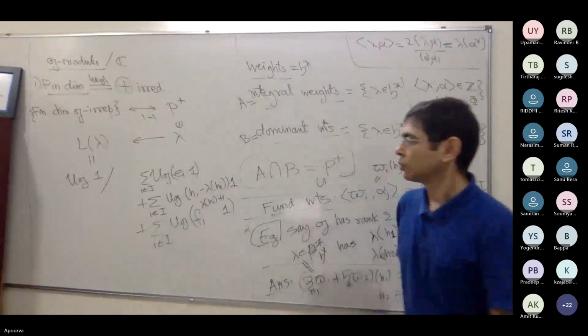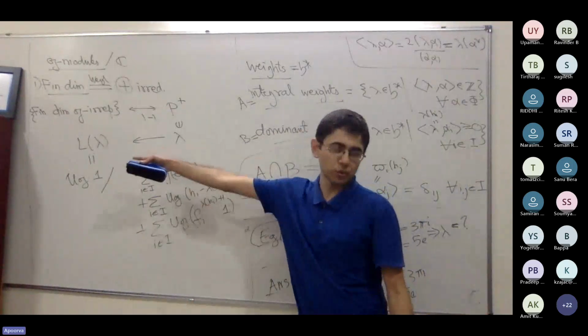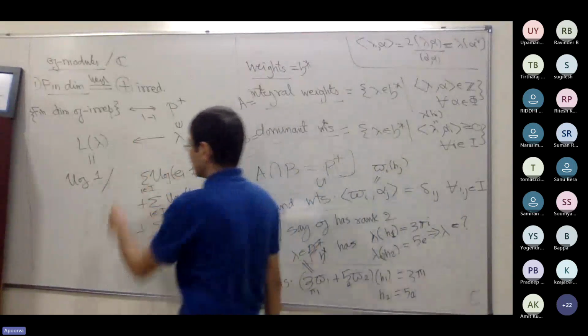Obviously this is a left submodule of U G, and you quotient by this. This turns out to be finite dimensional.